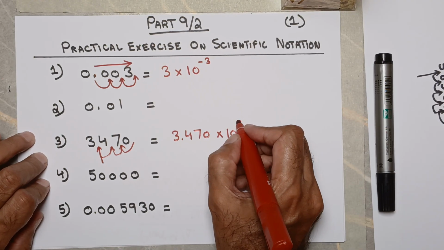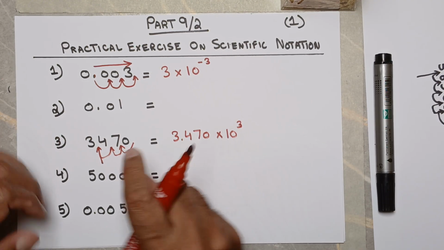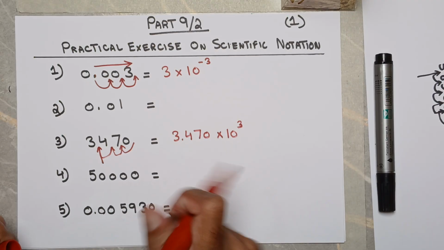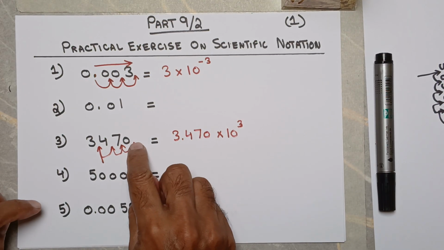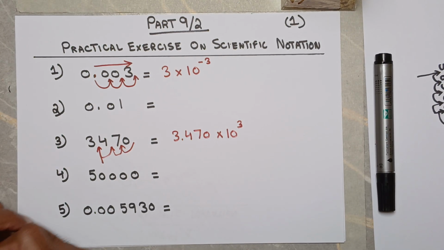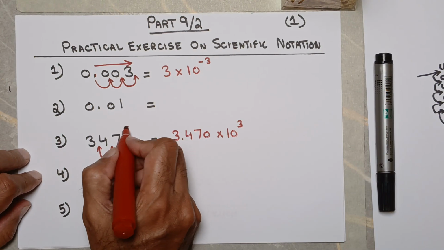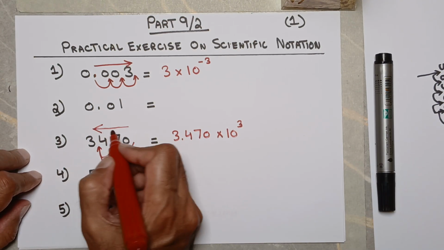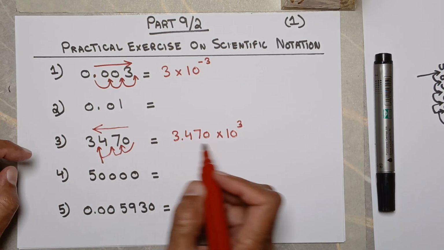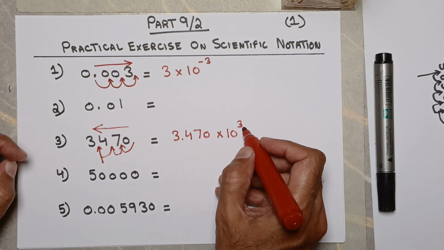Here you can easily see that I have got a positive exponent. Why? Because I have moved this decimal 3 places towards the left, and whenever I move the decimal towards the left, it means that I have got a positive exponent.